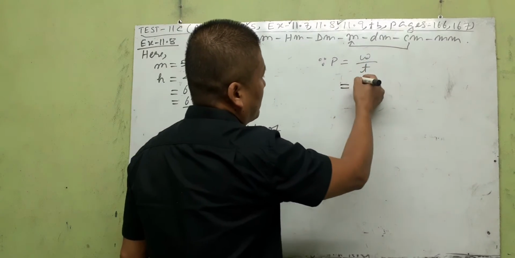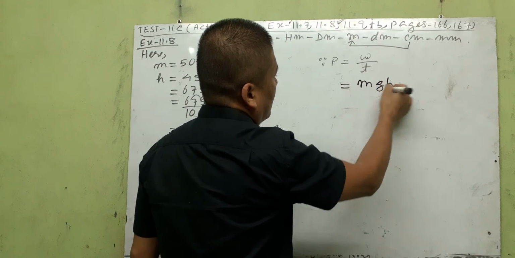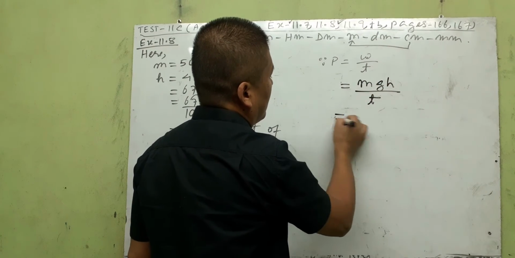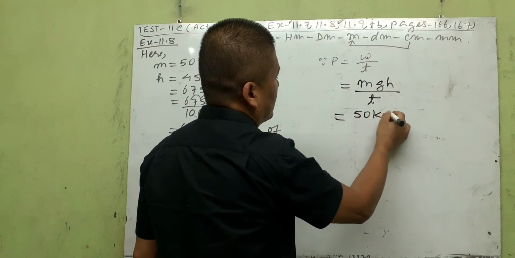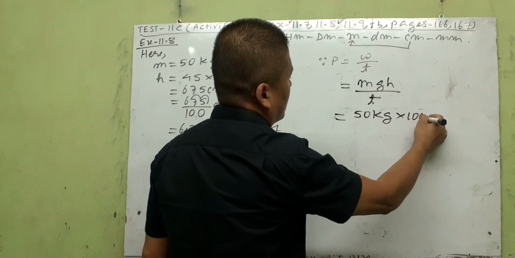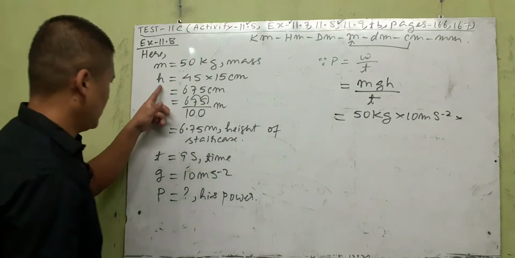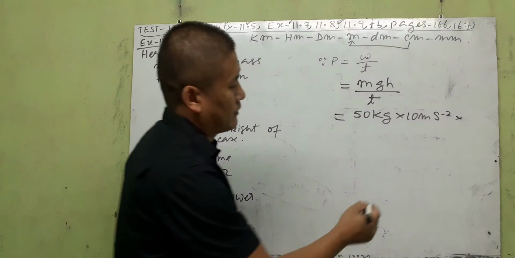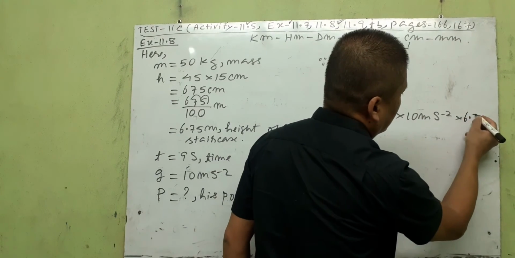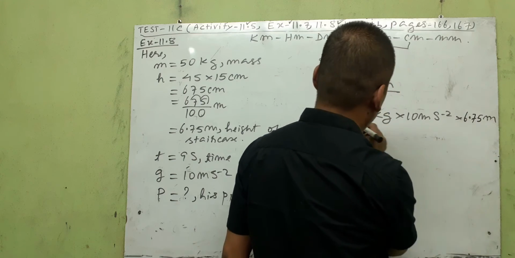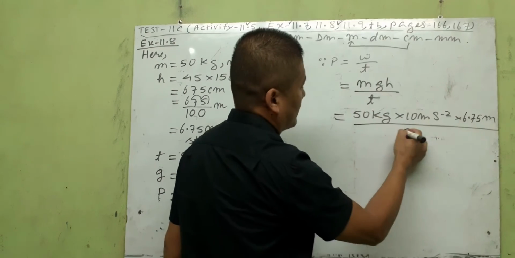So this W will become the potential energy formula, mgh, divided by time. Mass of the boy is 50 kg. g is 10 meters per second square, as the question gives, and h, height climbed, is 6.75 meter. Everything has to be in SI unit, divided by time, which is 9 seconds.